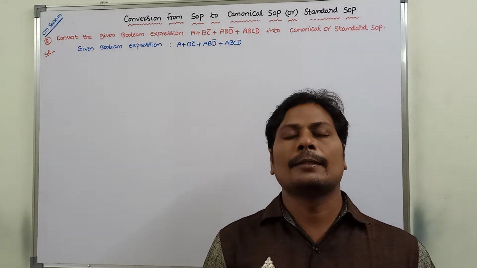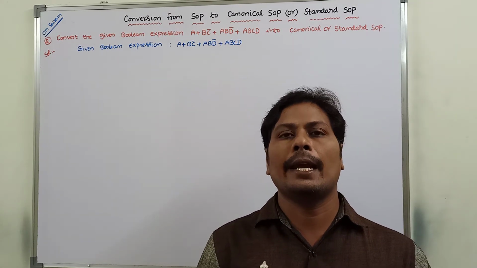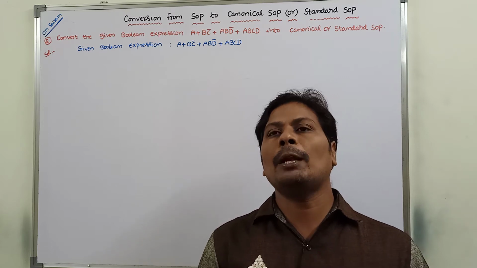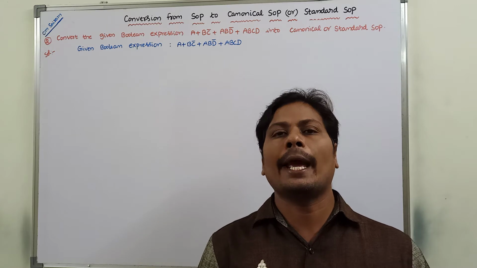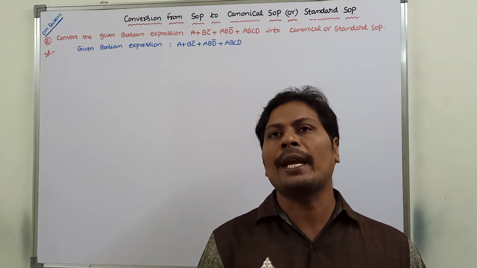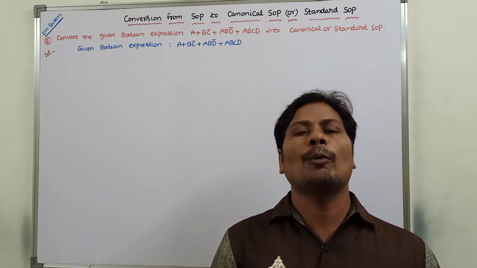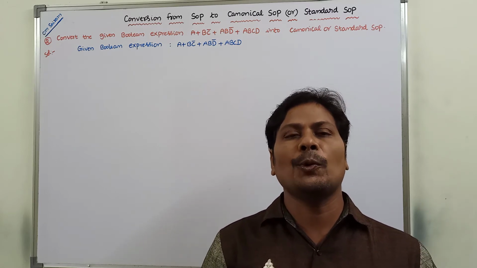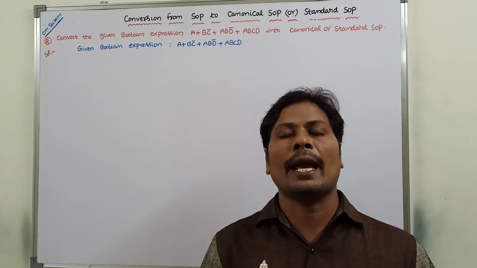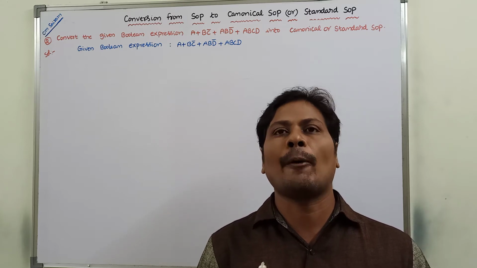Hi friends, today I am giving a lecture on an example problem on conversion from a given Boolean expression in SOP into canonical or standard SOP. In the previous video, we already solved one example problem on the same topic.